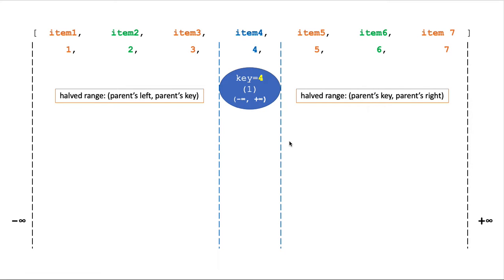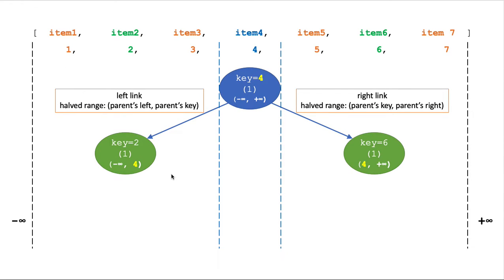At the next iteration, we want to reduce the search range by half while excluding the parent node's key itself. So you have this left half range, from the parent's left to the parent's key, excluding, and this right half range from the parent's key, excluding, to the parent's right. Next, we want to locate the middle item within each of these two halved ranges respectively.